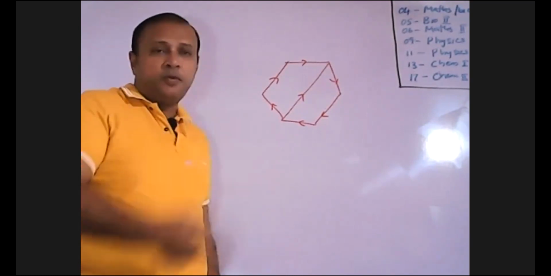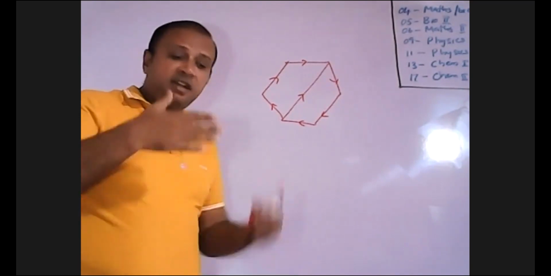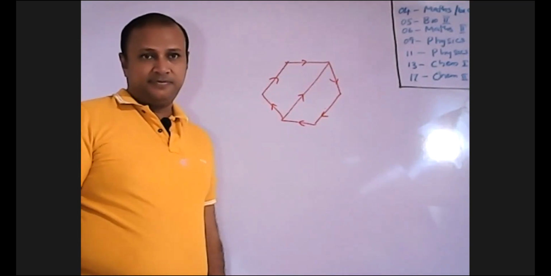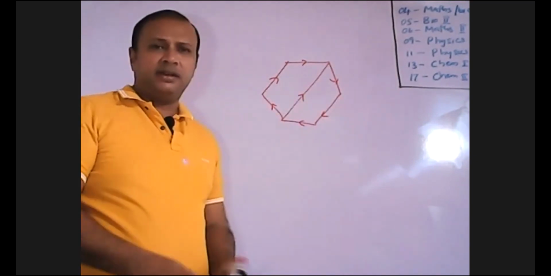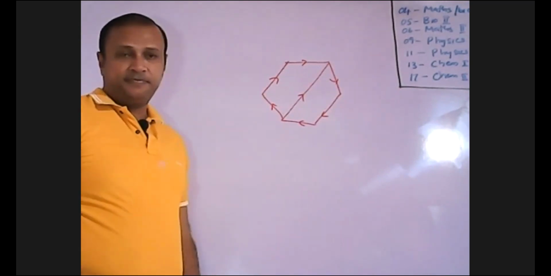If there is a closed polygon or closed loop, that means the resultant force of those vectors is 0. Therefore, I can remove all the vectors in this vector system.